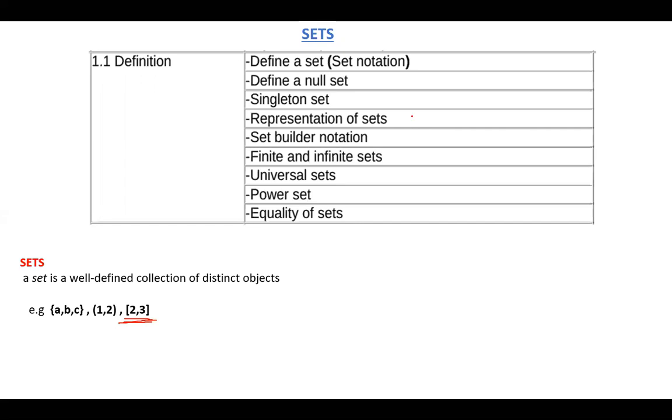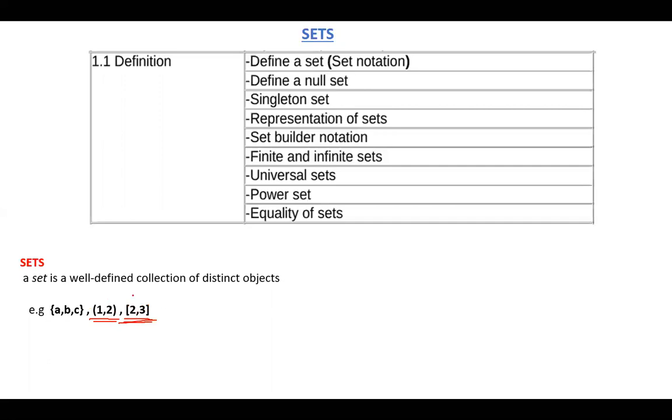All right, so we proceed. We've looked at sets and I've talked about what these brackets mean. When you have the first kind of brackets here, it means 1 and 2 are not part of this set. When you have these square brackets, they mean inclusive, meaning 2 and 3 inclusive.